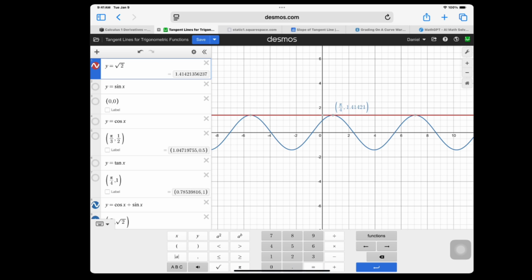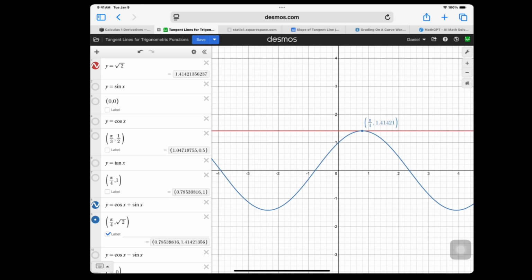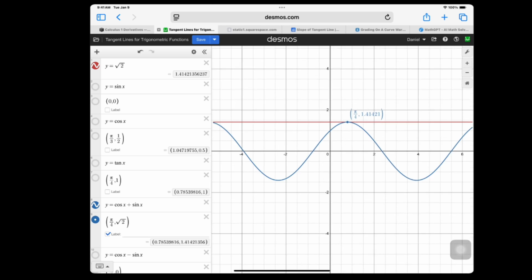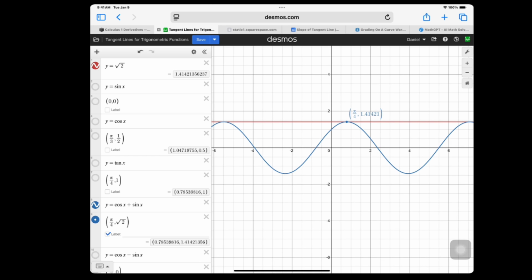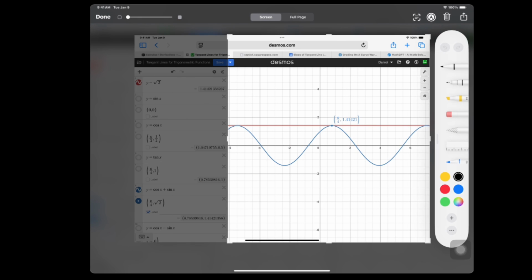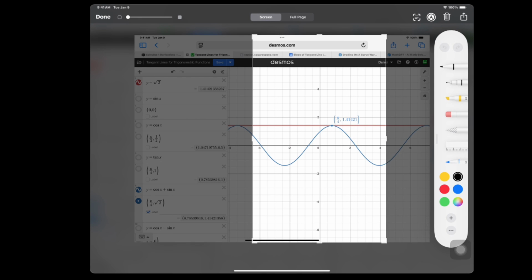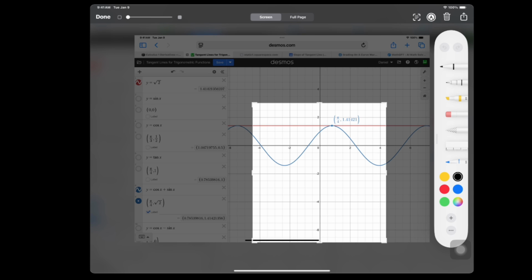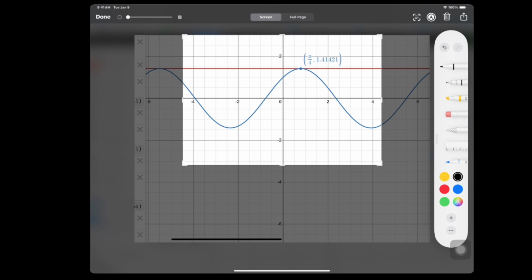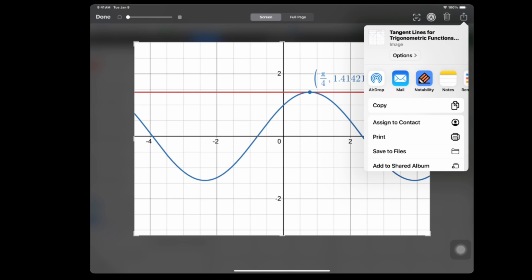It is constant here. So what I want you guys to really see is, sure enough, that is a horizontal tangent at that location here. Okay, it is horizontal. Pretty nice. So these are going to be some things we have to really start to use and remember. They're going to be so important for us.